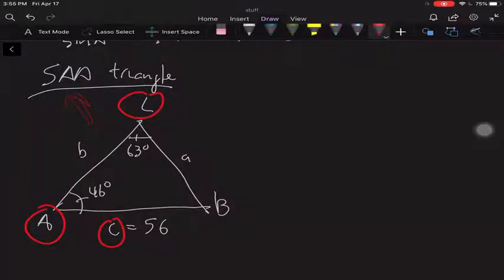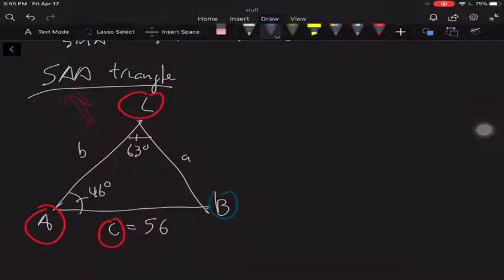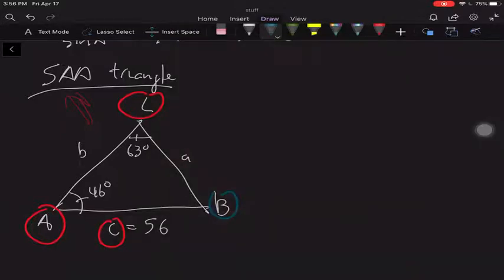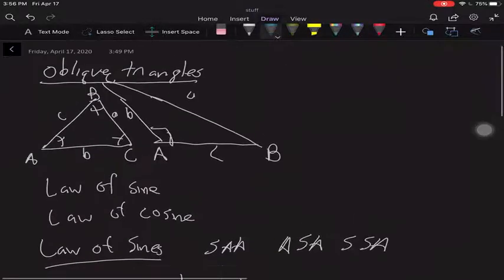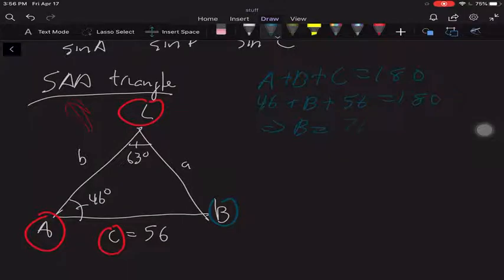From here, we can figure out what angle B is. We know that the interior angles of a triangle add up to 180 degrees. So A plus B plus C is equal to 180 degrees, and we plug in the numbers: 46 plus B plus 63 is equal to 180. Solving, B gives us 71 degrees.